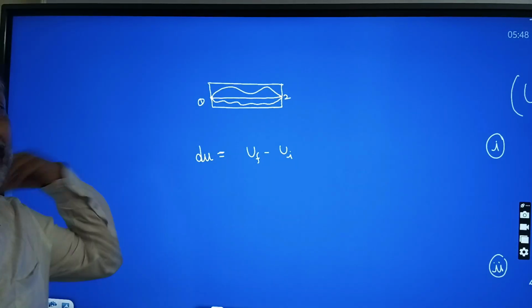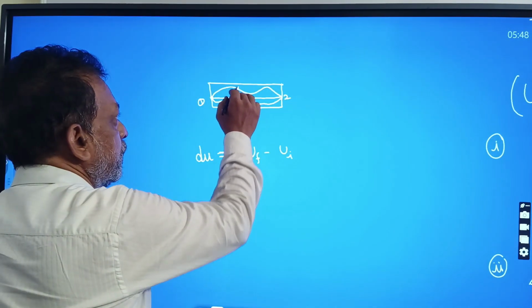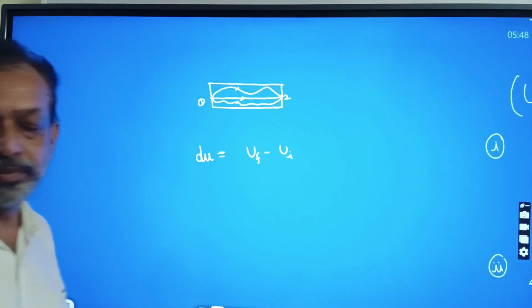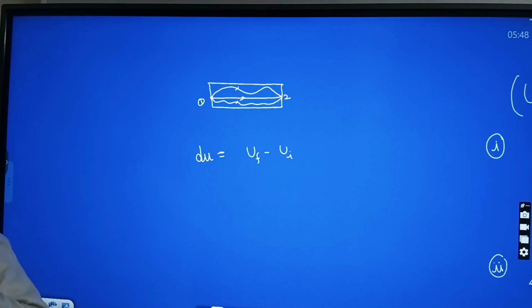So this is called path independent, and also called a point function.